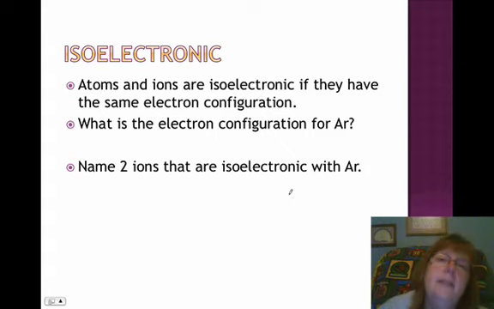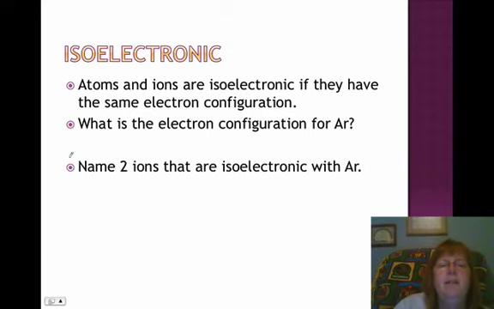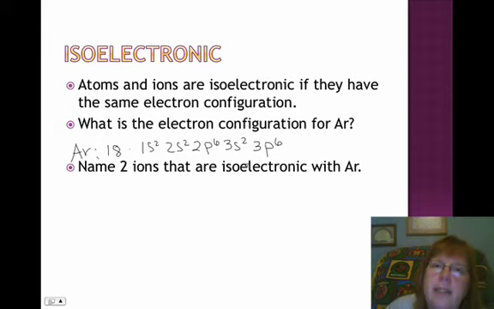Now, that brings us up to something called isoelectronic. Atoms and ions that have the same electron configuration are said to be isoelectronic. So what's the electron configuration for argon? Argon has 18 electrons, so it's going to be 1s2, 2s2, 2p6, 3s2, 3p6. Wait a minute, we just wrote that as the electron configuration for chlorine with a -1 charge.